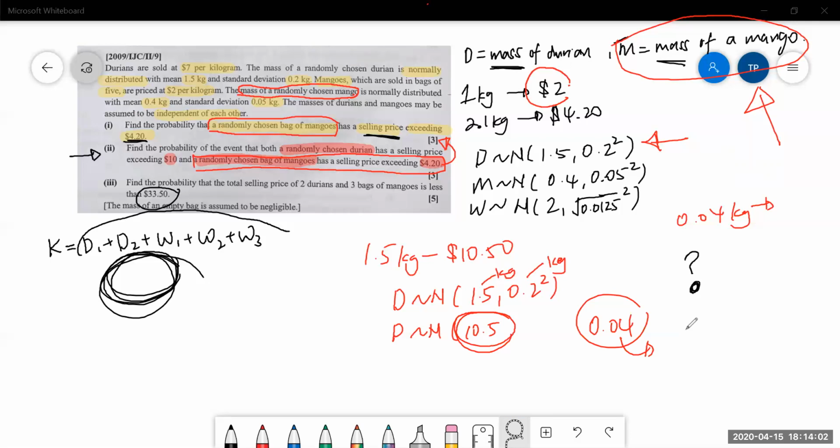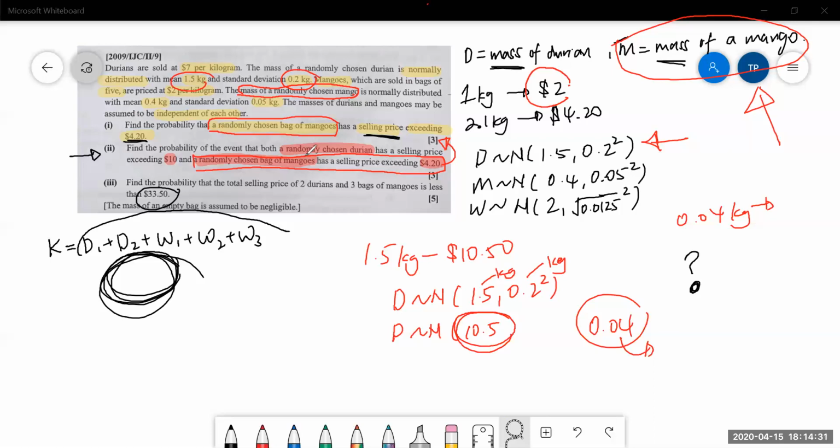How about we just skip this question? It's so much work. Can we skip the last part? Because the conversion doesn't make sense. In A levels, we will not need to convert the mean and standard deviation. We should be using the units as they are.